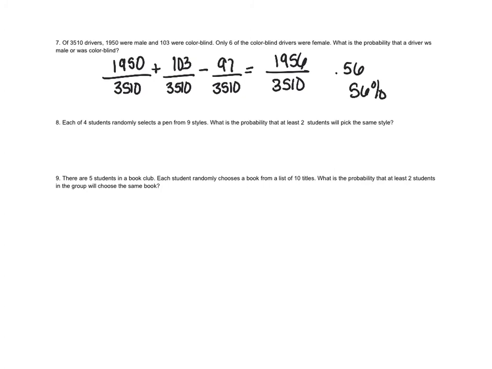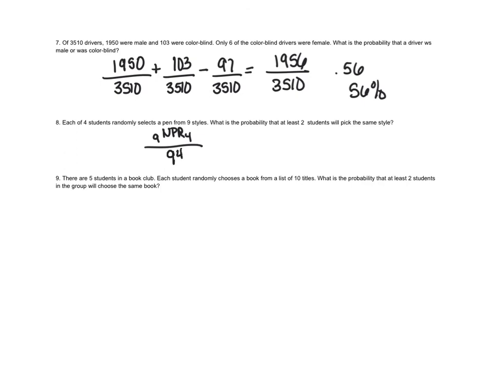Each of 4 students randomly selects a pen from 9 styles. What is the probability that at least 2 students will pick the same style? All right, so for this we're going to use the complement. So let's first find the probability that no students choose the same. We're going to do 9 nPr 4 over 9 to the 4th power.